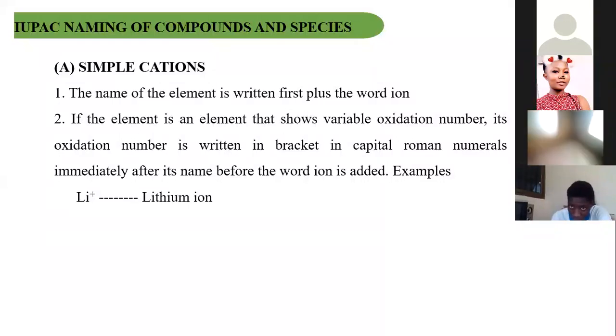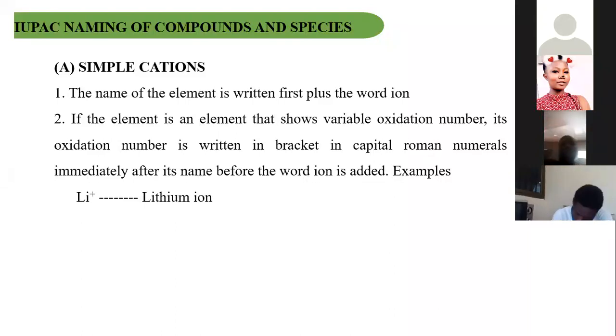Okay. I know some of you say in GHS they told you that word is ion. Well, I call it ion. I believe it is called ion. But whatever it is, the spelling is the most important thing. Just make sure you get the spelling right. It is I-O-N, ion.